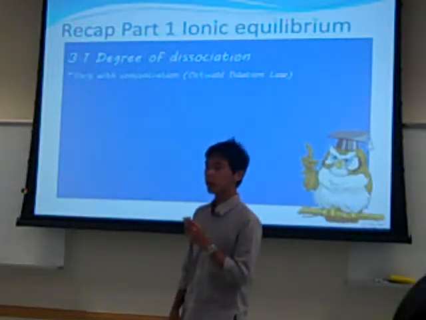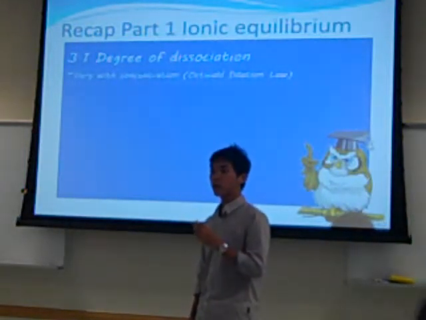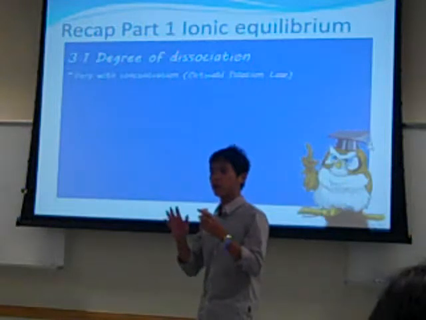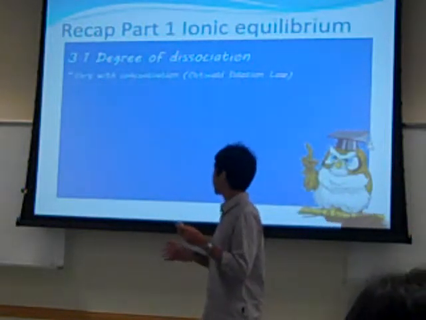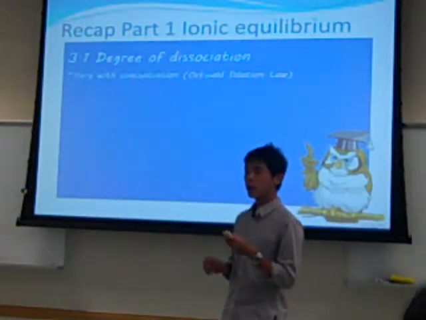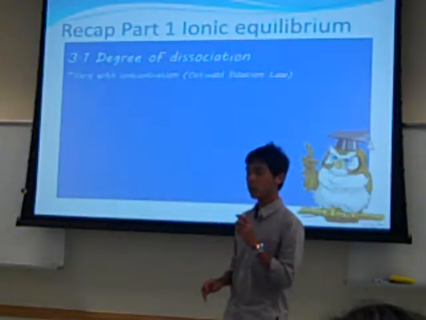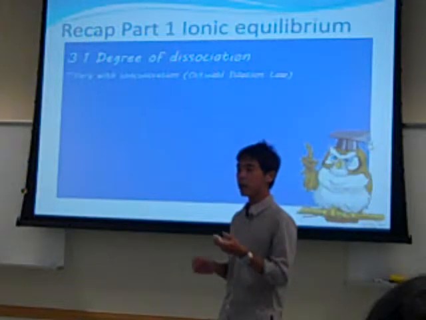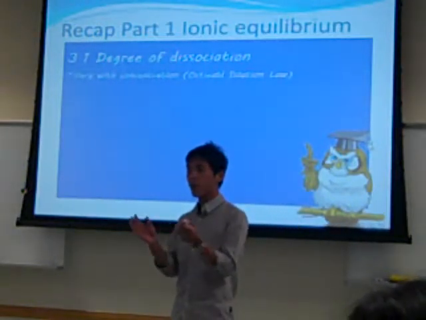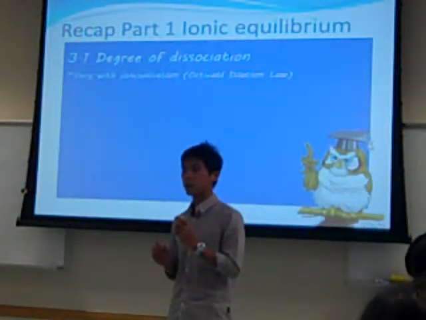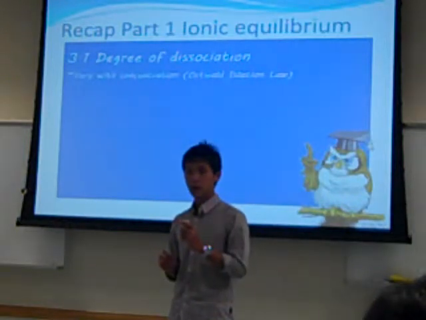This is only for a weak acid. Just imagine, if I have a solution of very weak acid at high concentration, there will be fewer water molecules around the acid to deprotonate it. Whereas if I have a more dilute acid, there will be more water molecules around, and the deprotonation can take place more easily.